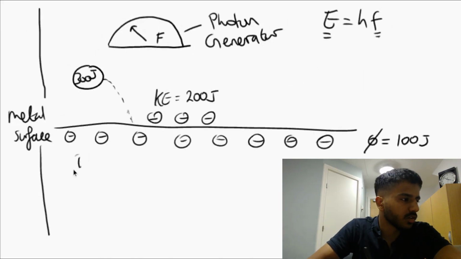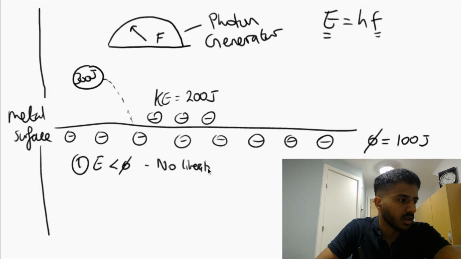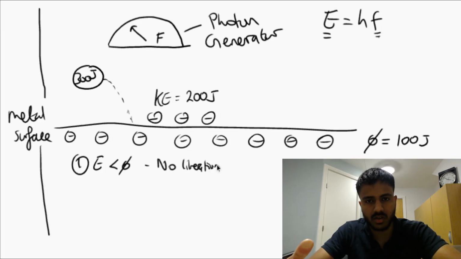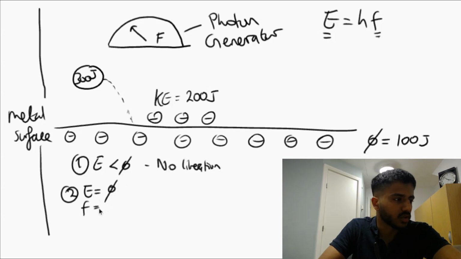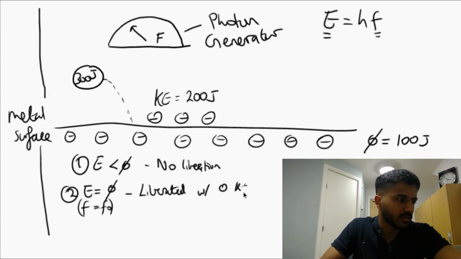Well, if I started off with an energy less than the work function, there will be no liberation. None of the electrons will get released. And if you had an ammeter connected, you won't see any current. In the second scenario, if my photon energy was equal to the work function, or in other words, if the frequency of the photons was equal to the threshold frequency, the electrons will get liberated with zero kinetic energy.